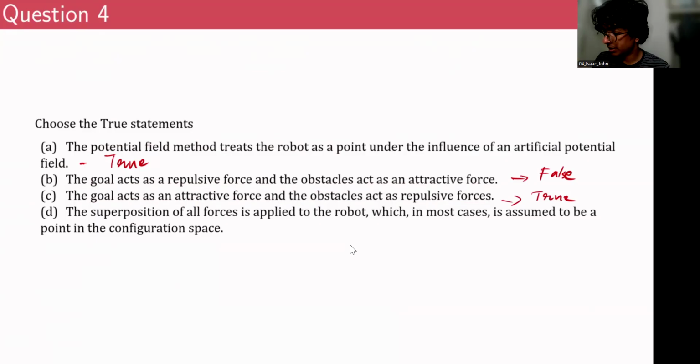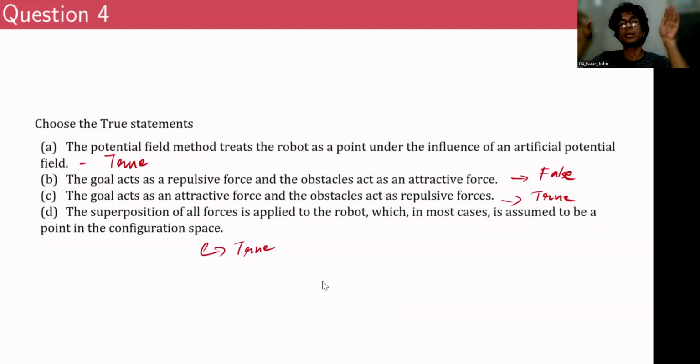Statement 4 is the superposition of all the forces applied to the robot, which in most cases is assumed to be a point in the configuration space. That is also right. Of all the forces or force fields acting on the robot, you superpose all the forces to find the net resultant.